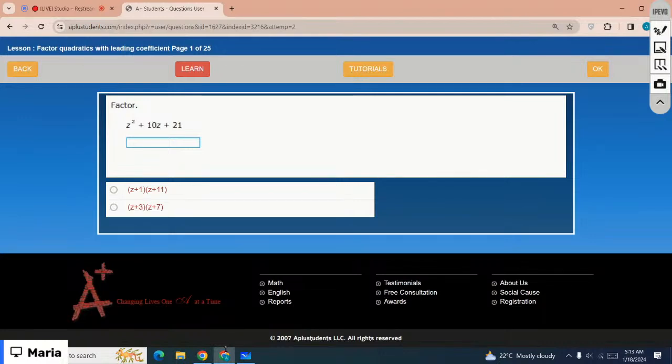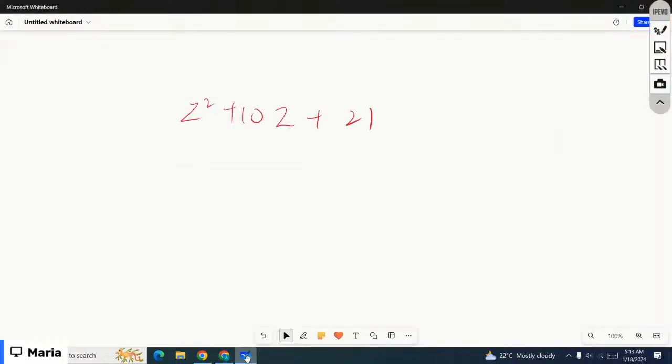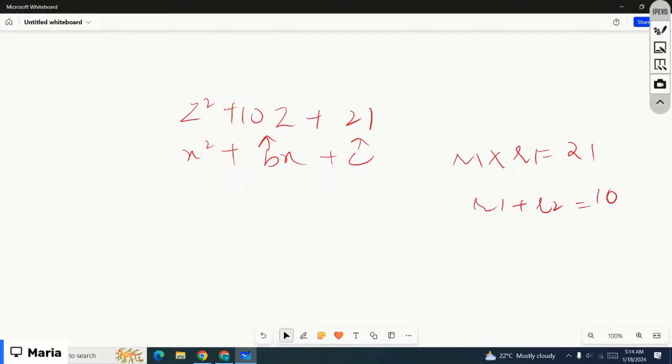Okay, so you need to compare it to x square plus bx plus c. So b is 10 and c is 21, right? So you need to find two numbers, r1 and r2, their product r1 times r2 is 21, and their sum, when you add two roots, is 10. What are the two numbers? Their product is 21 and their sum is 10. Which two numbers have the product 21 and sum 10?